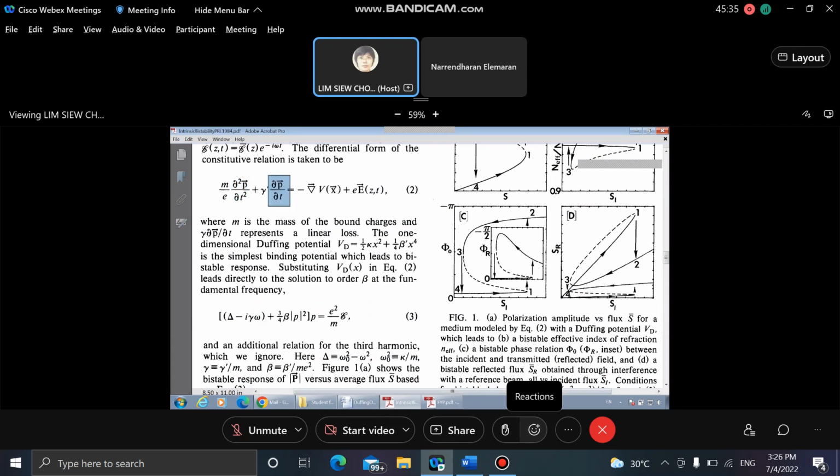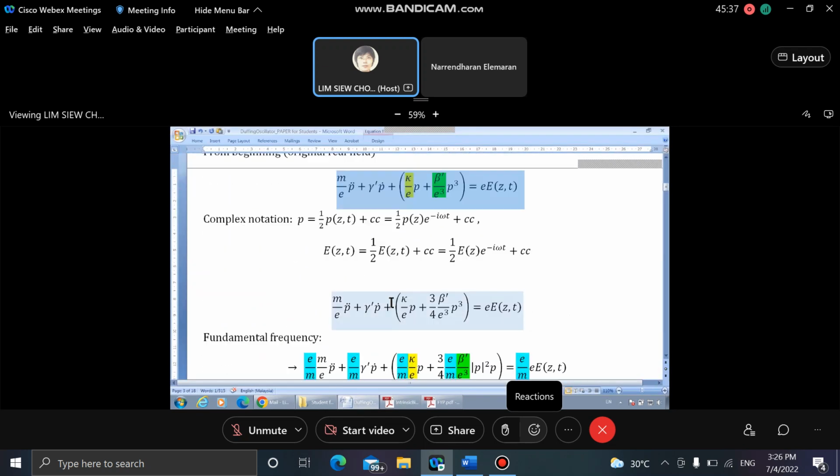How to take the time derivative? We have to use the time derivative of P due to the application of E. This E here has Z dependence and T dependence. So we look at the time dependence first, the T.